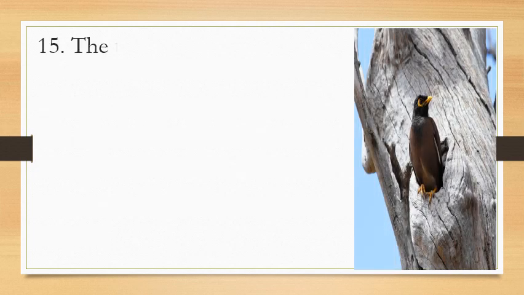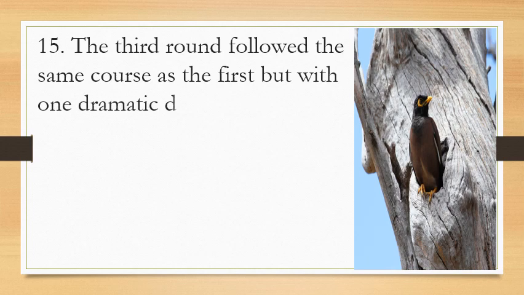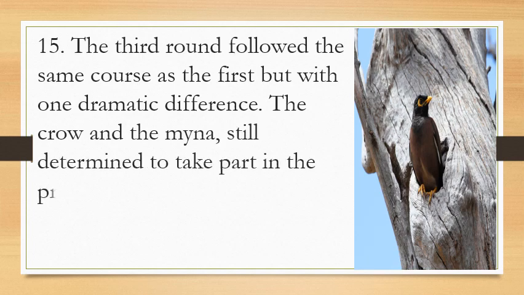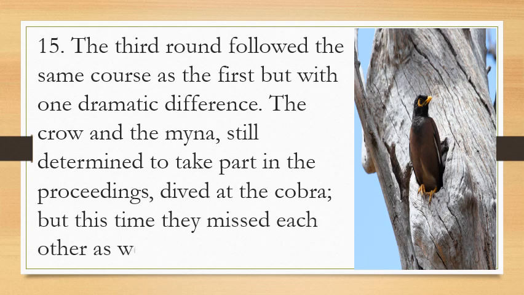Let us move to next paragraph. The third round followed the same course as the first but with one dramatic difference. The crow and the myna, still determined to take part in the proceedings, dived at the cobra, but this time they missed each other as well as their mark.